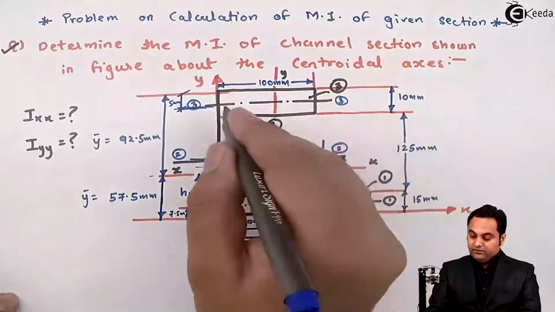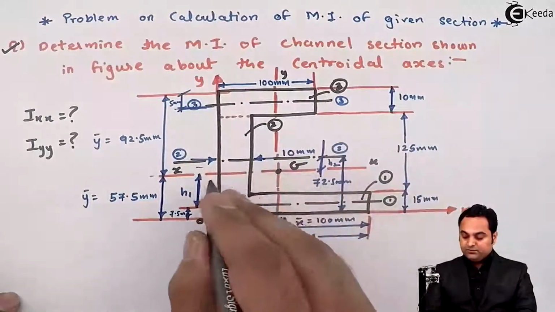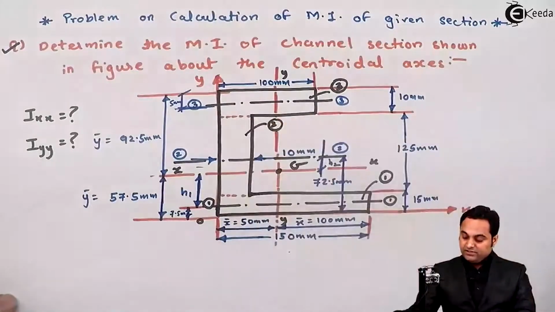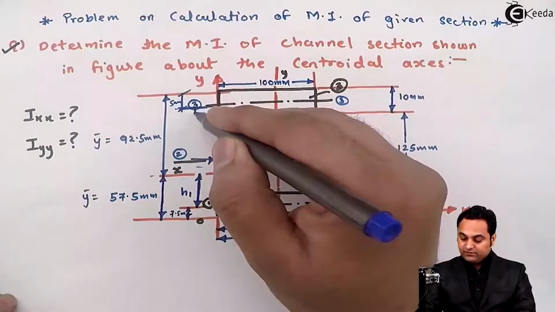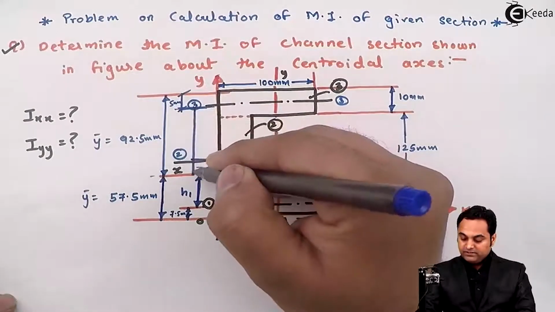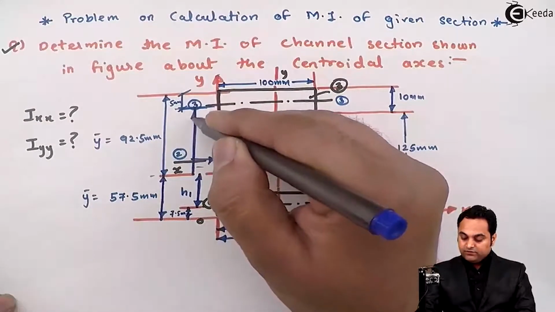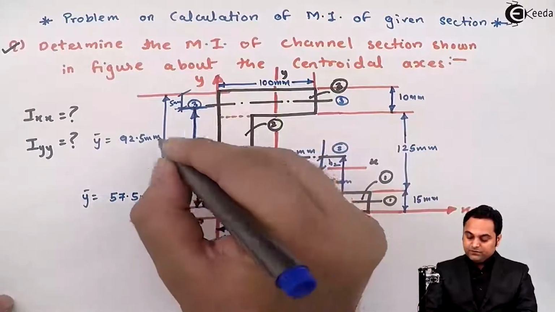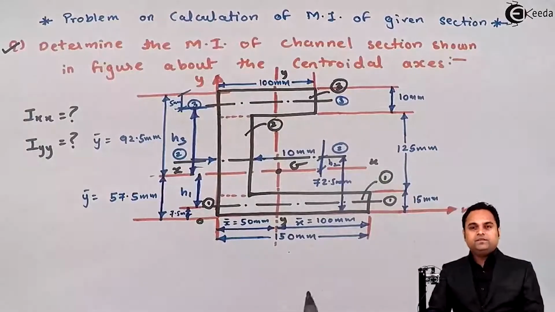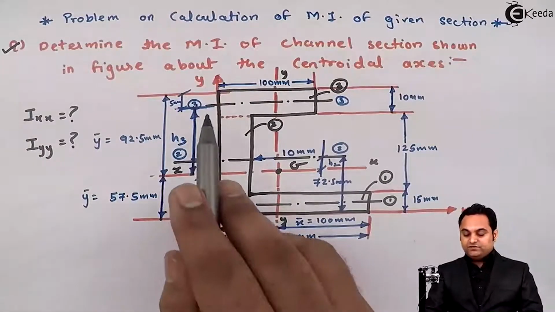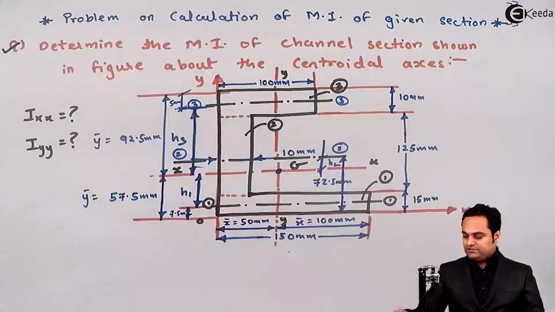So it means the two axes are not passing through the same line, there is some distance, and that distance between these two axes, from here till the x-axis of the complete C section, would be called h3. So that is why we are using the parallel axis theorem. If this distance would have been 0, then there is no need of the parallel axis theorem.